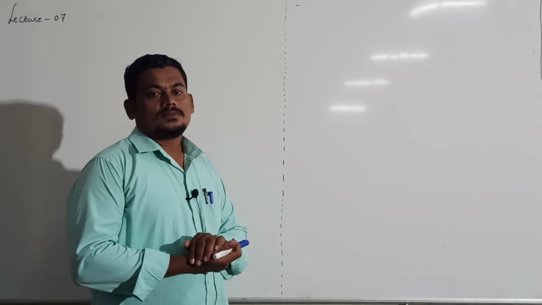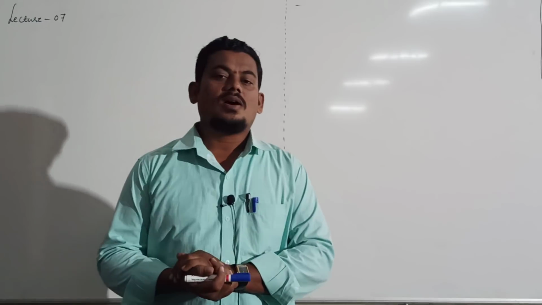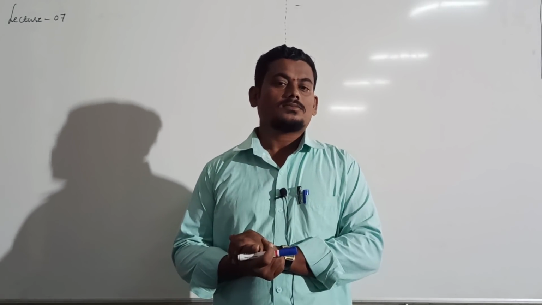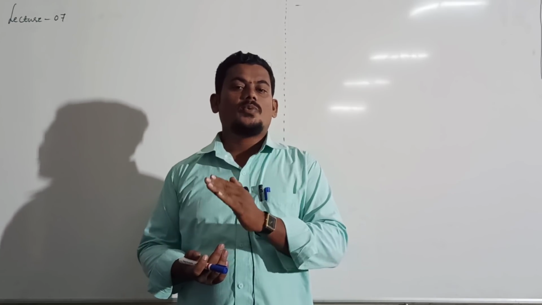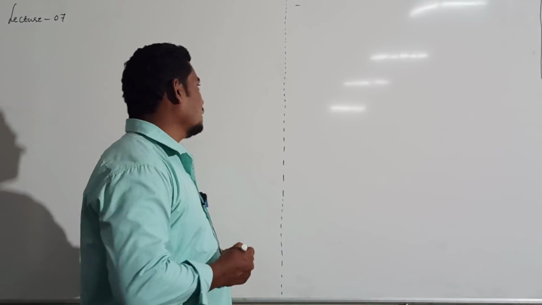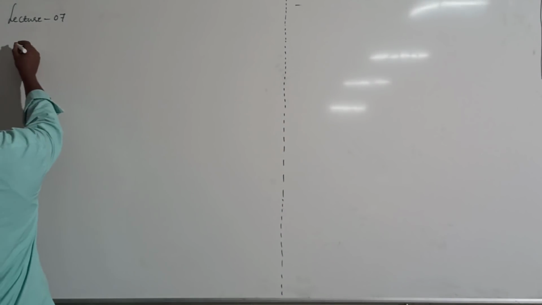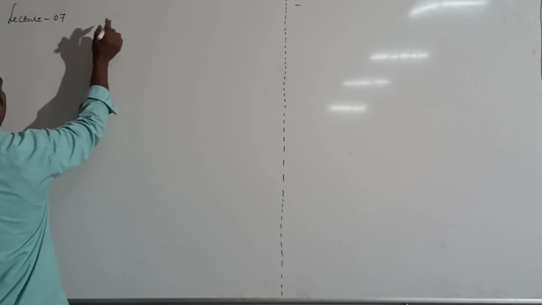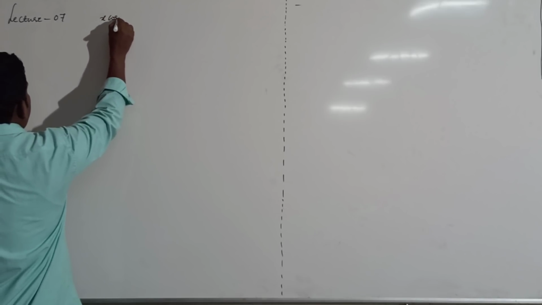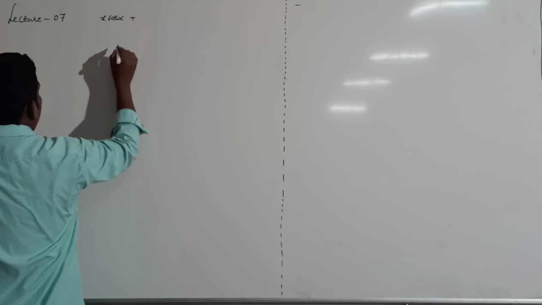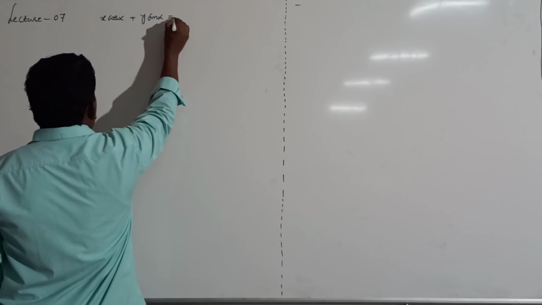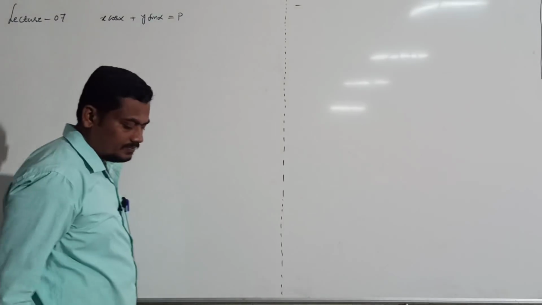Next one, derive the equation of the line in normal form as x cos alpha plus y sin alpha is equal to p.